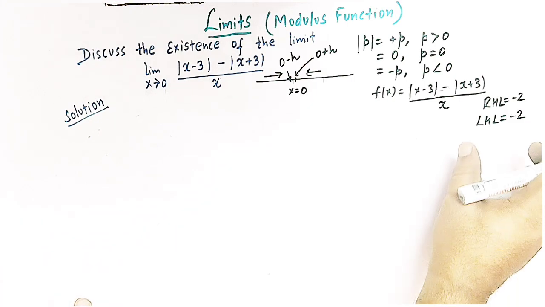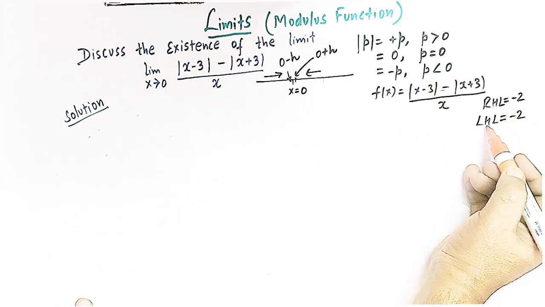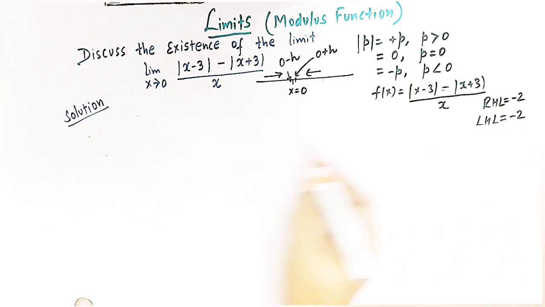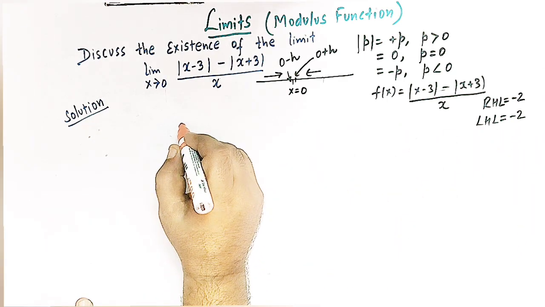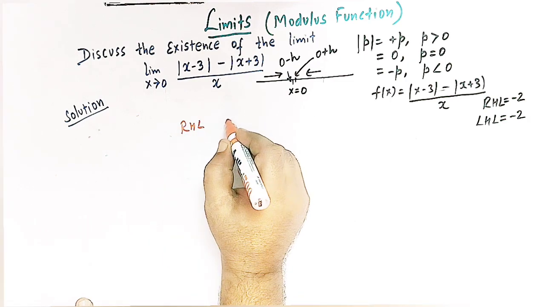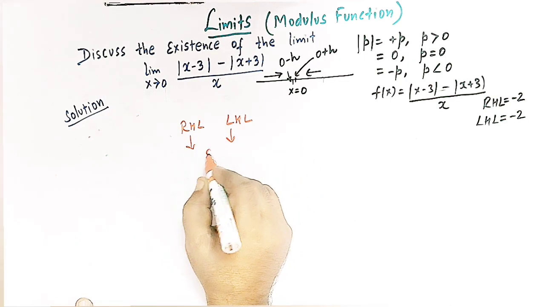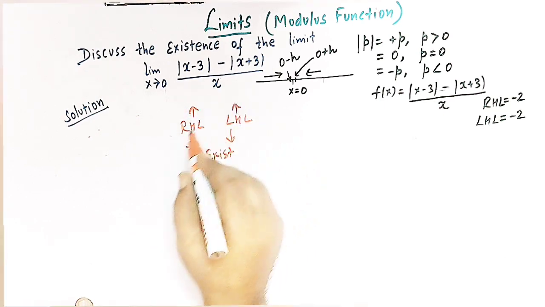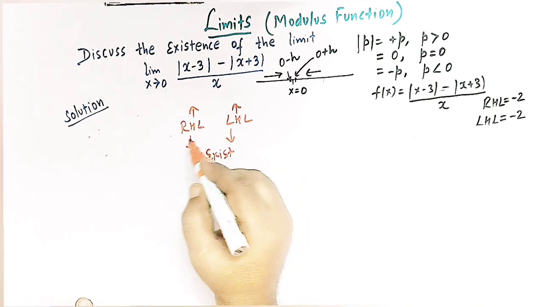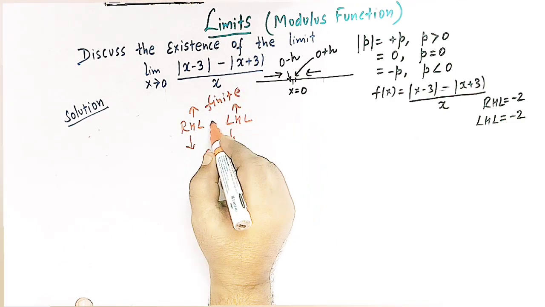So now we have calculated the right hand limit as minus 2 and the left hand limit as minus 2. So we can easily conclude that the right hand limit and the left hand limit both exist, and both are finite, right?